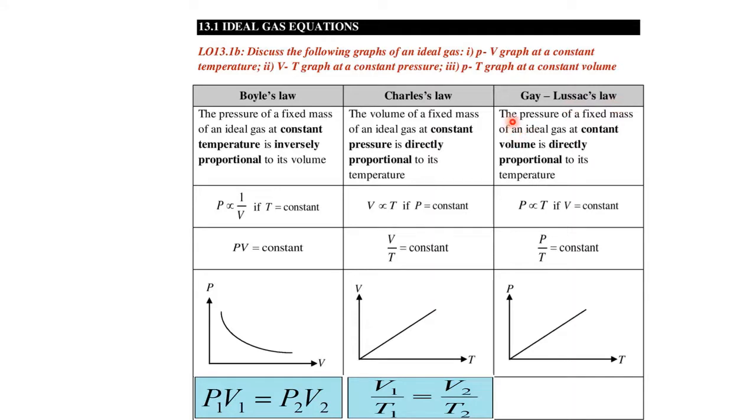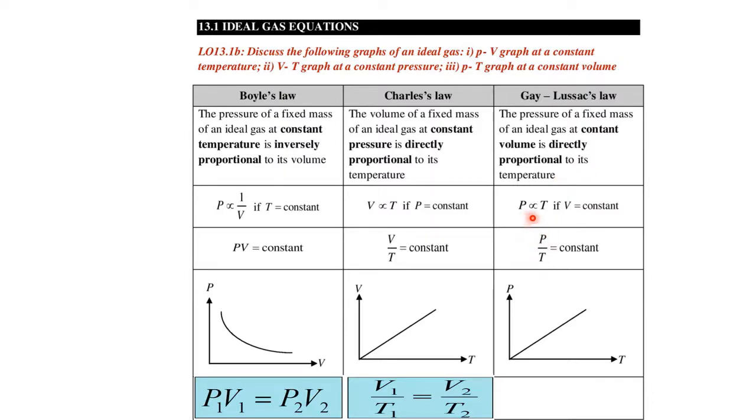Okay, it states that the pressure of a fixed mass of an ideal gas at constant volume is directly proportional to its temperature. Okay, so Guy-Lussac's law, also called pressure law.